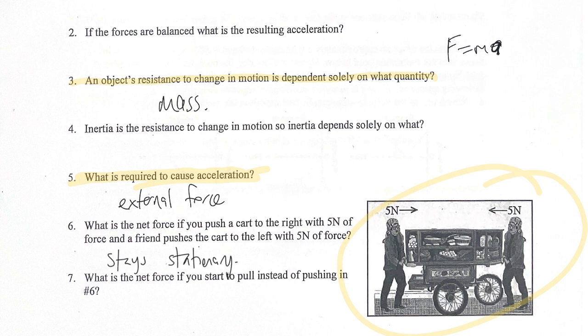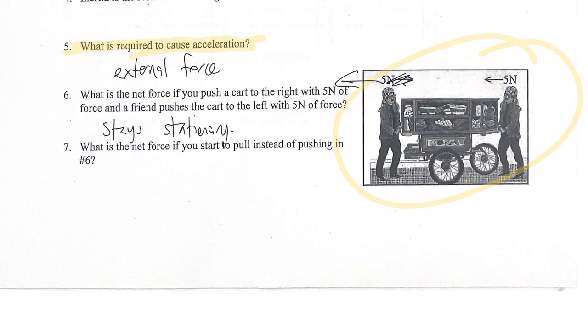All right, if one person decides to pull instead of push, what is the cart going to do? It's going to move, but how? 10 newtons, yep, good. So it has 10 newtons force, so it's going to move. Is it going to move at a constant velocity? No, it's going to accelerate. So remember, whenever you have an unbalanced force, it's going to accelerate.